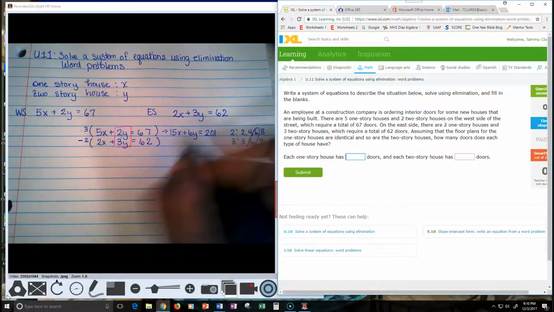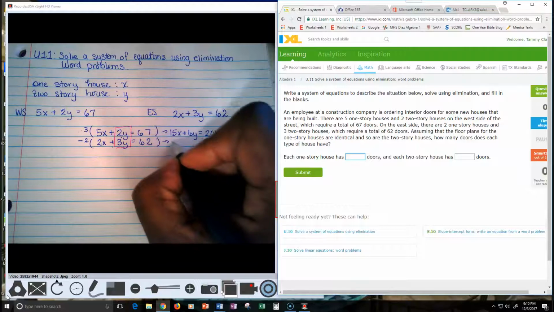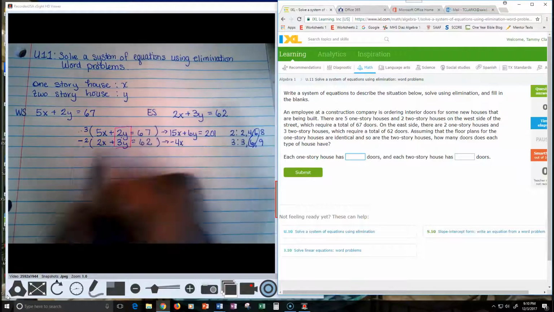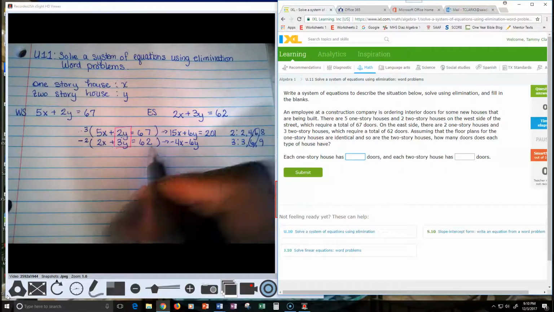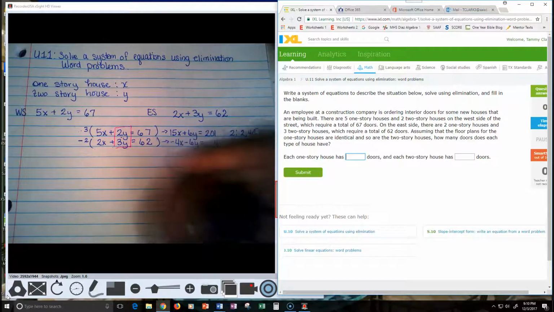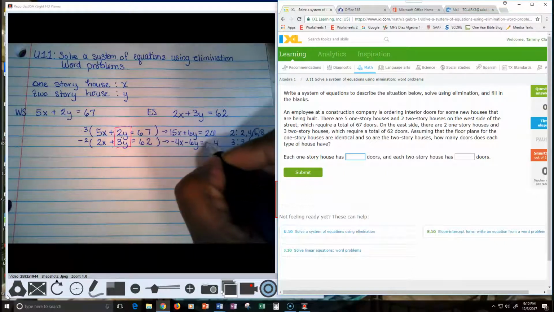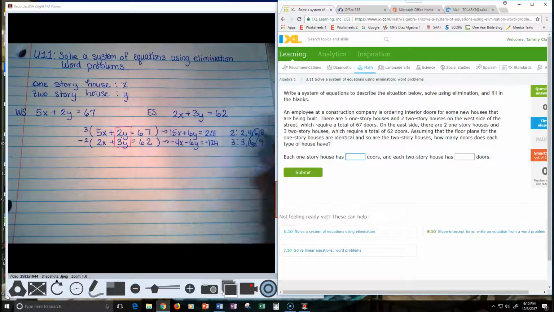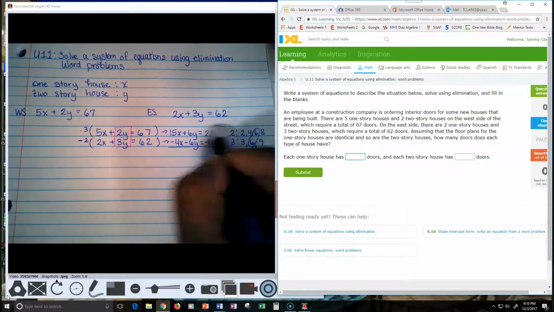So 201. Then I'm going to do the same thing on the bottom. Negative 2 times 2x is negative 4x. Negative 2 times 3y is negative 6y. Negative 2 times 62 is 124, but it's negative 124. So this is my new equation.